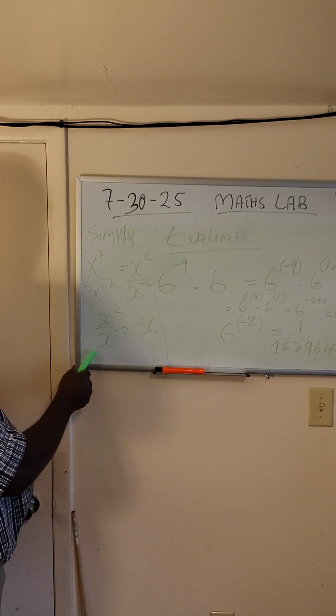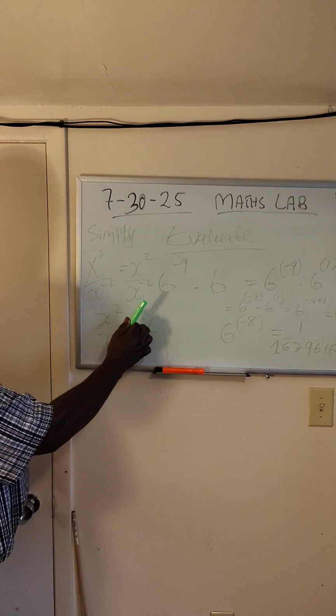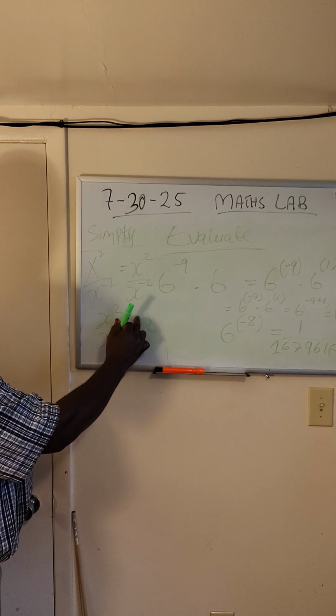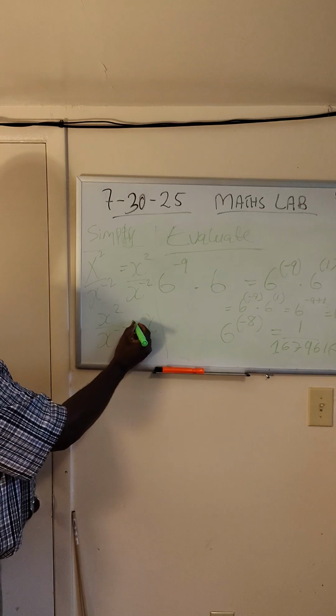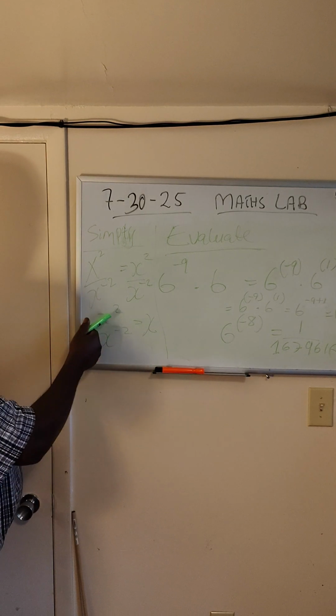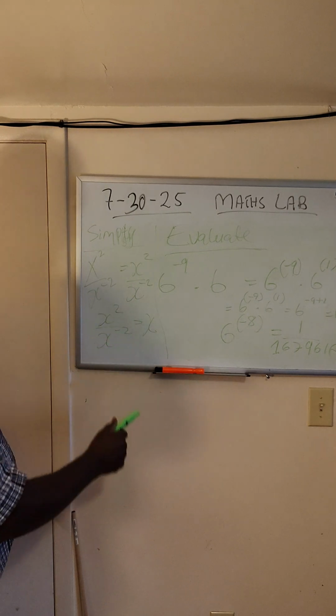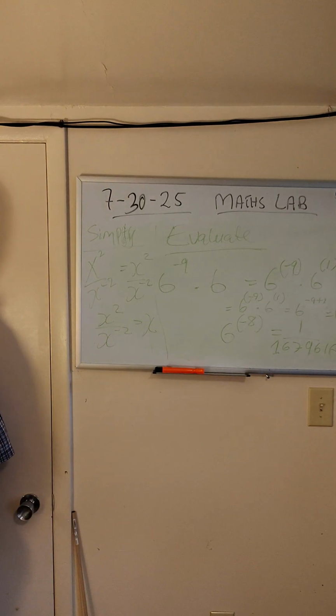It's x times x gives us x right here, and then we multiply 2 by 2 to give us 4.